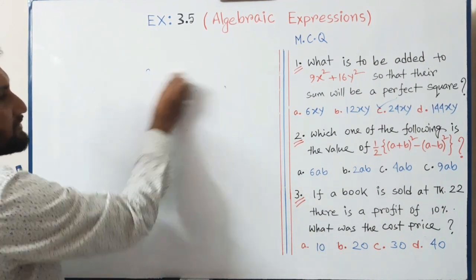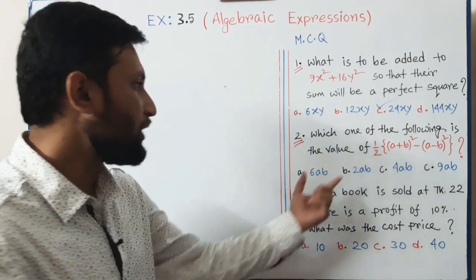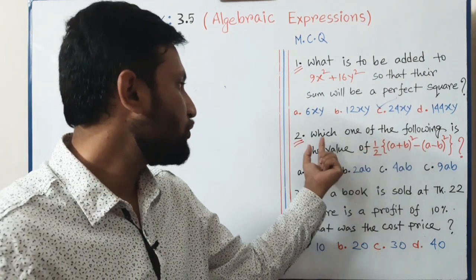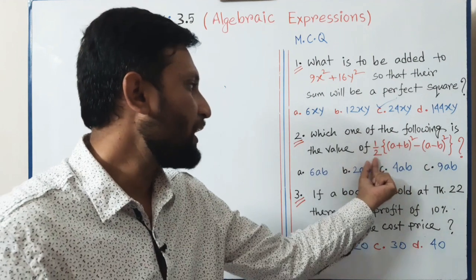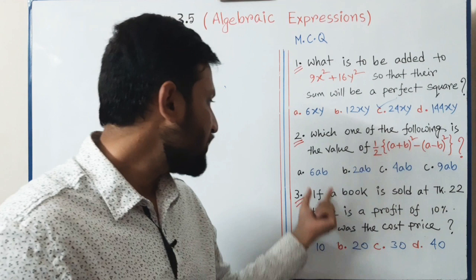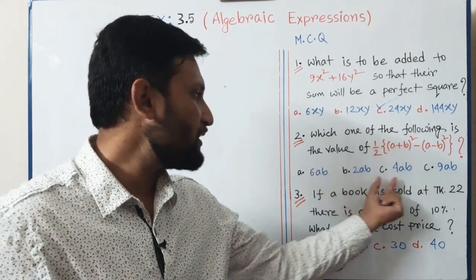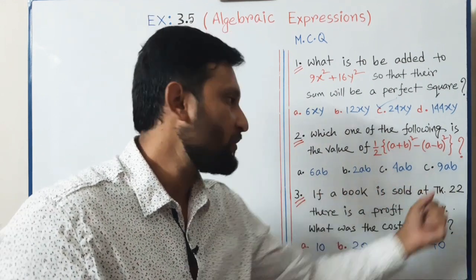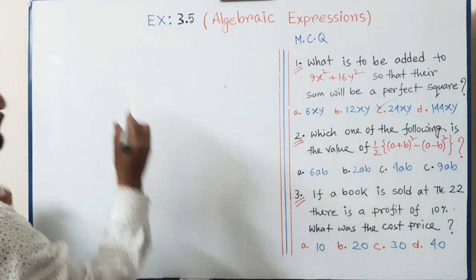Now the next question is: which one of the following is the value of half of (a plus b) square minus (a minus b) square? 6ab, 2ab, 4ab or 9ab.